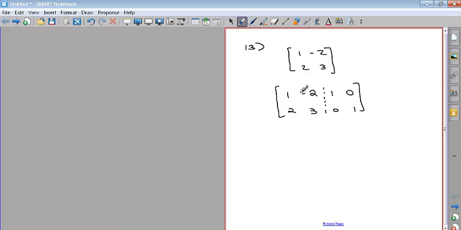Then what we're going to do is make this into this matrix, and what's left over here is the inverse. So we just do the same thing we did before. We do the operations to make this go 1, 0, 0, 1, and then see what we end up with.